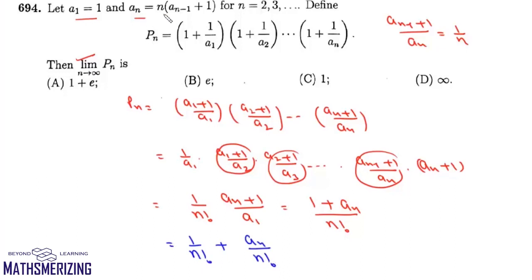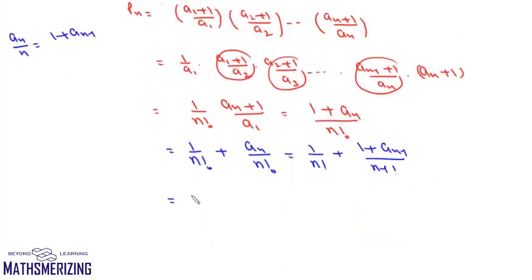Now an upon n is an minus 1 plus 1. So we can write an upon n as 1 plus an minus 1. So we can also write this as 1 upon factorial n plus 1 plus an minus 1 upon factorial n minus 1, which is 1 upon factorial n plus 1 upon factorial n minus 1 plus an minus 1 upon factorial n minus 1.